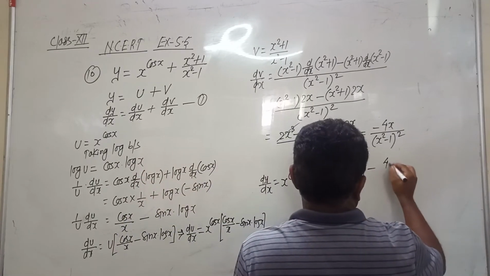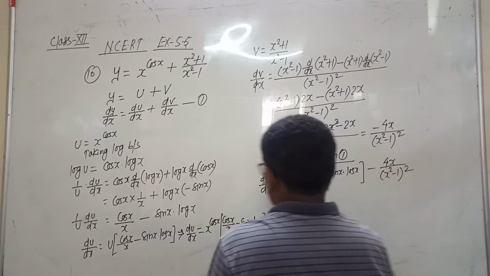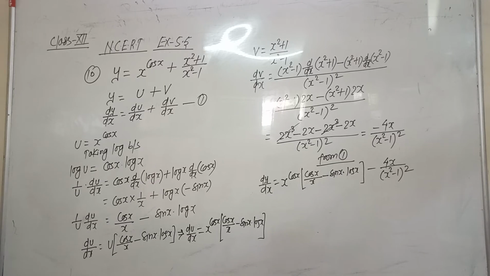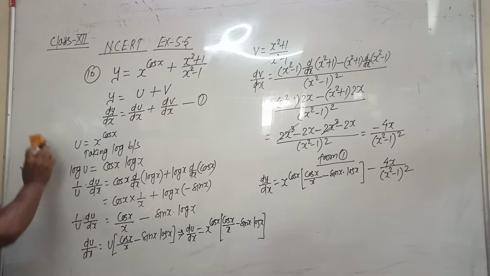This is minus 4x upon x square minus 1 the whole square. So this completes the solution of question number 10.